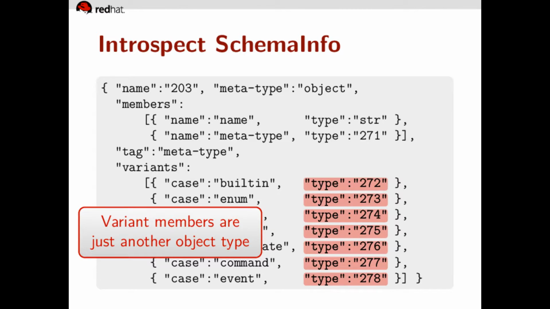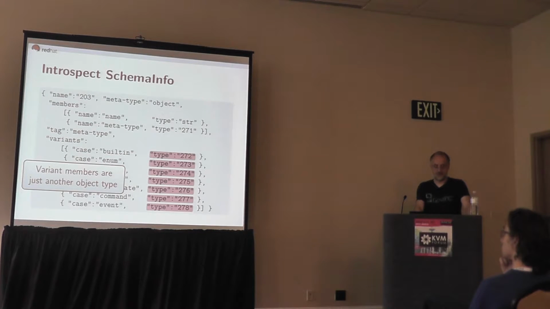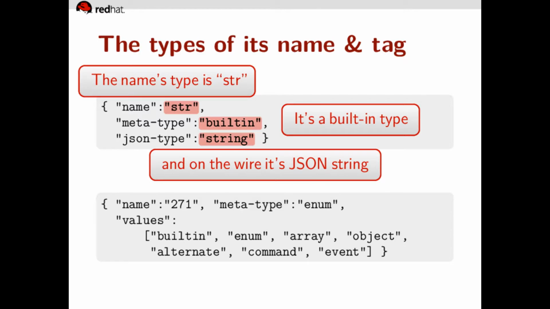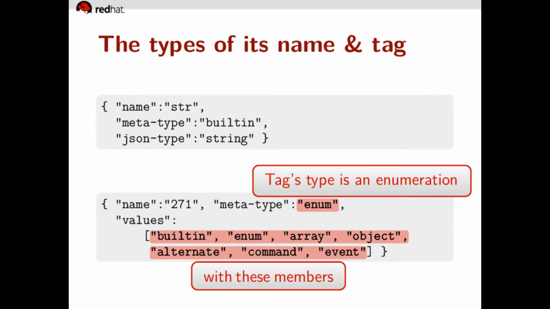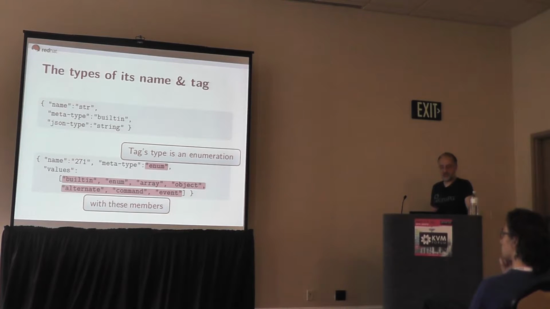And the variant members for each case are given by yet another object type. I glossed over the types of name and meta-type, so let's have a closer look. Name's type is str. It's a built-in type, and on the wire it's a JSON string. Meta-type's type is an enumeration with these members, and they shouldn't surprise anyone by now.